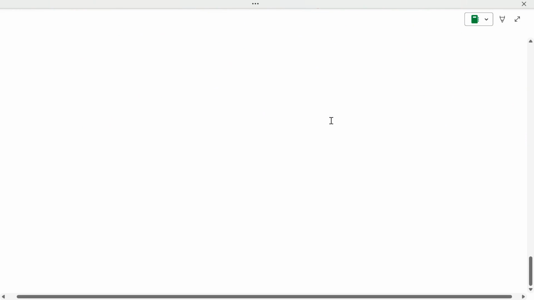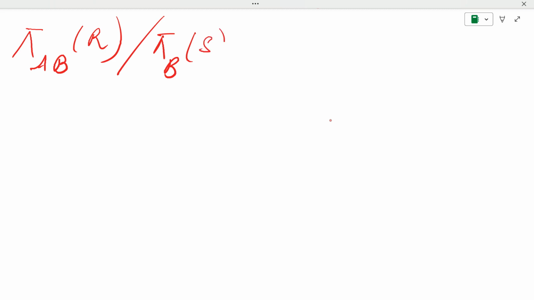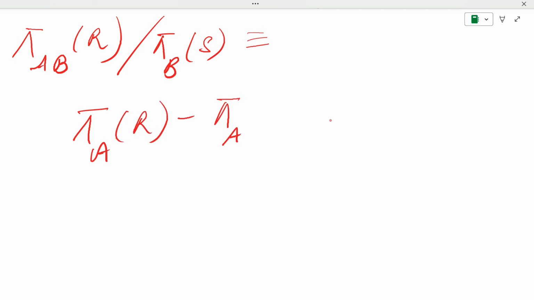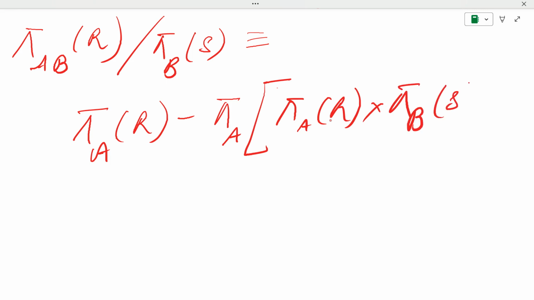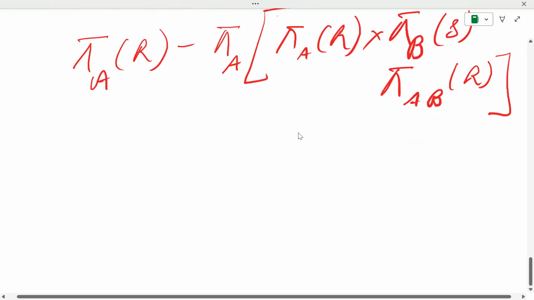Let's say we have a projection of AB from R, and we are dividing by projection of B from S. This can be written as projection of A from R minus projection of A from, in brackets, projection of A from R cross projection of B from S minus projection of AB from R. This is a simplified version. It's not actually needed to remember, but you can keep it in mind.